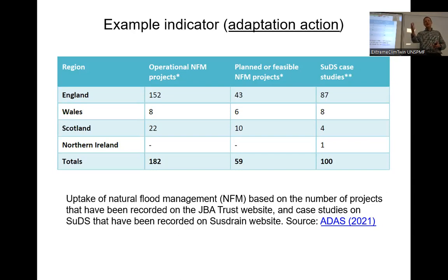And so simply counting the number of schemes that have a nature-based element to them gives us some baseline information about the extent to which local flood risk is being managed in these ways. Okay, so data like this can provide us with a baseline to see whether there's more or less action in this kind of area in the future as a way of reducing flood risk. And I emphasize reducing, not solving or completely eliminating flood risk, which these methods won't do.